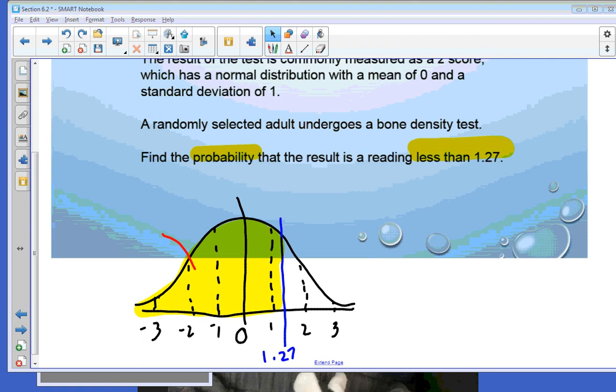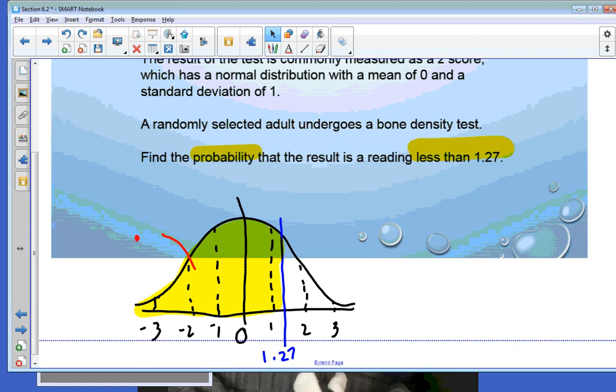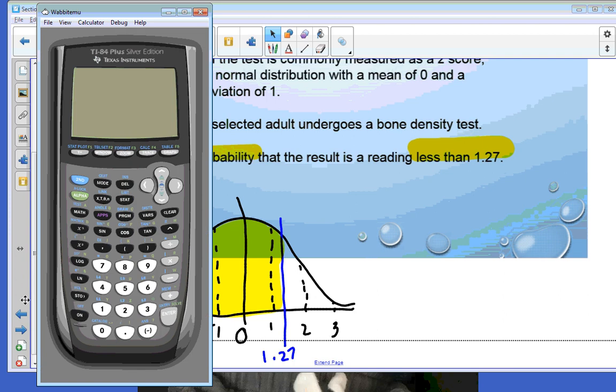So we found that the area under the curve was 0.8980. That's an 8, not a 9. So let's just check it out on our calculator. So turning that back on, I'm going to go to second distribution, and I'm going to go down to my normal density curve, negative 9999.